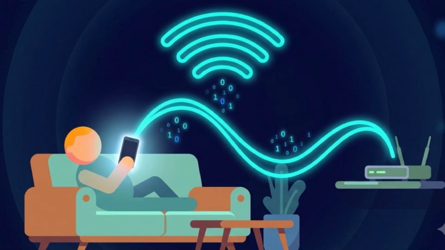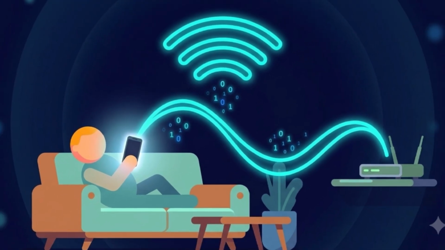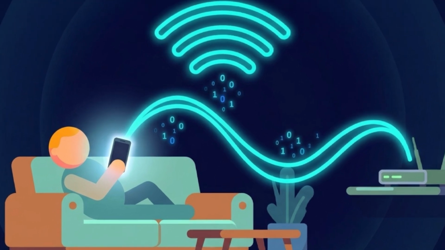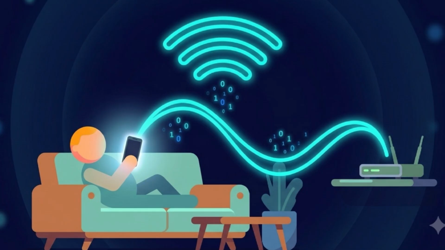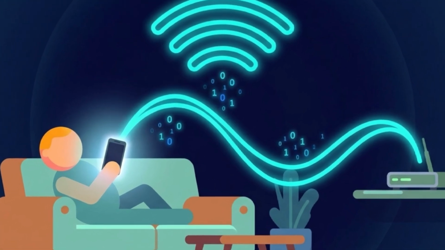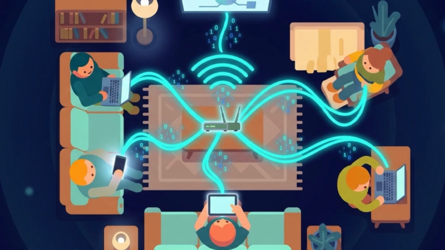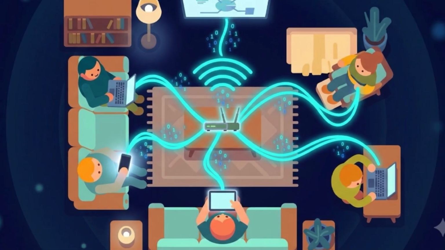When several people use the same network, someone watching a video, someone else gaming, another on a call, the router has to split that capacity among everyone, quickly switching back and forth between each device. It's like a highway with multiple lanes. It can handle more than one car, but if too many cars get on at once, everyone ends up moving slower.